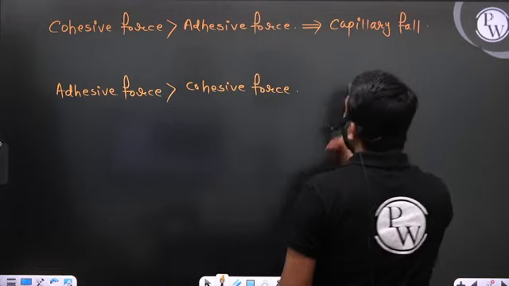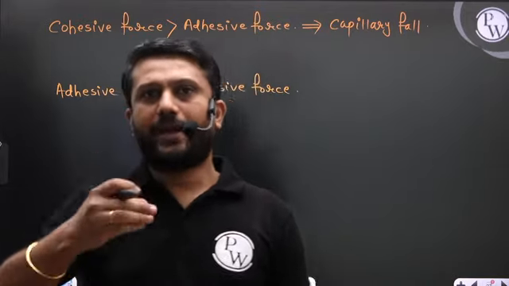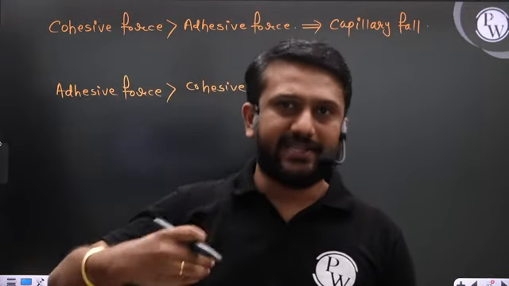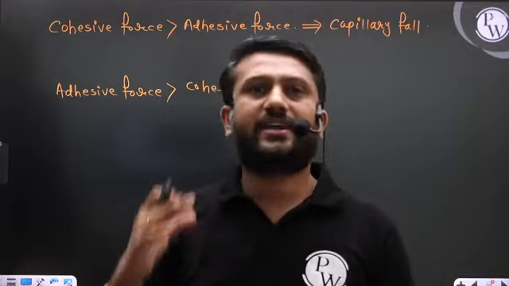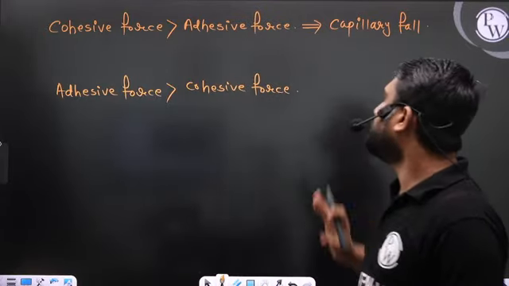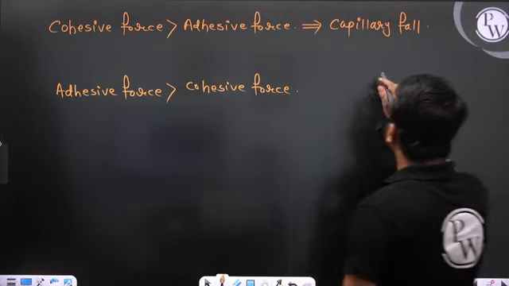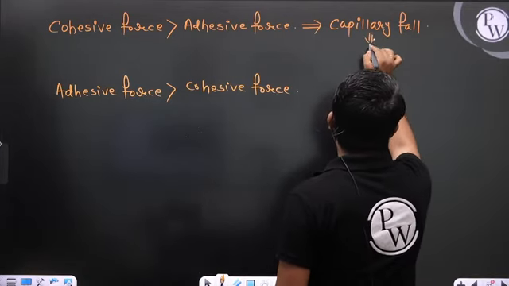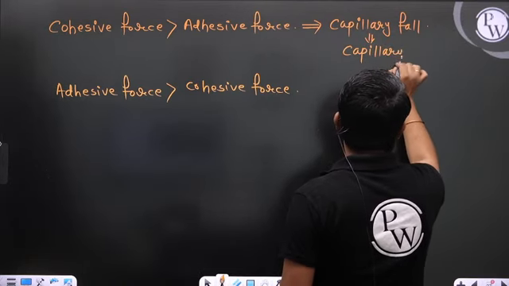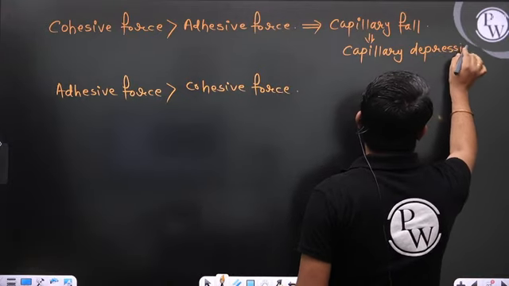That means if you put a narrow passage in mercury, then in that passage a fall of mercury occurs. So when cohesive force is greater than the adhesive force, capillary fall occurs, and capillary fall is also called capillary depression.